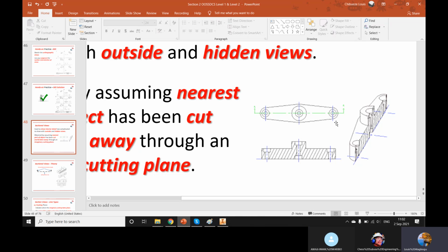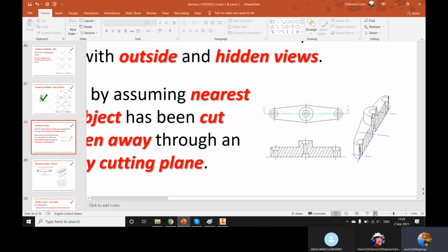So the parts the cutting plane touches are the parts that are hashed. These other parts are hollow, so they are not hashed, which is what you see here. But you're seeing a center line here, showing symmetry and the circular feature on all this.